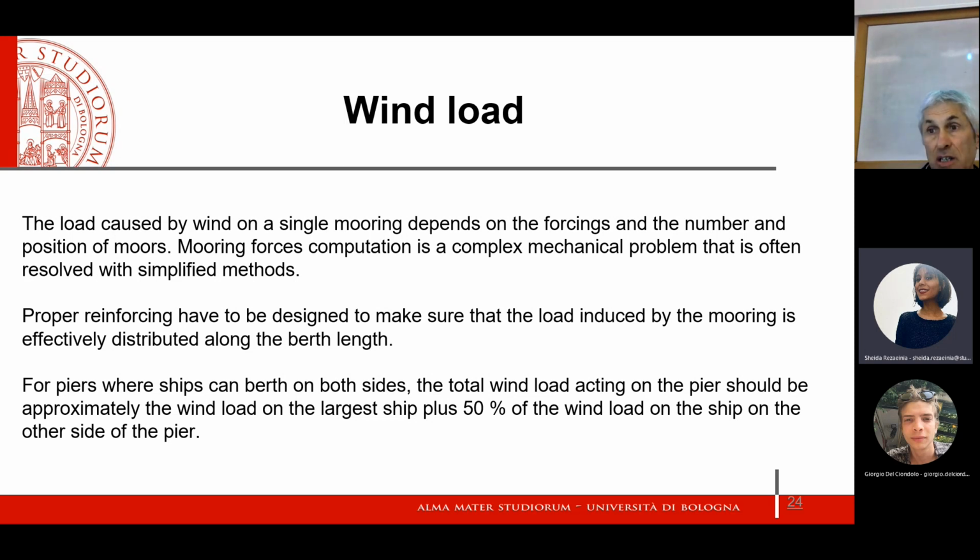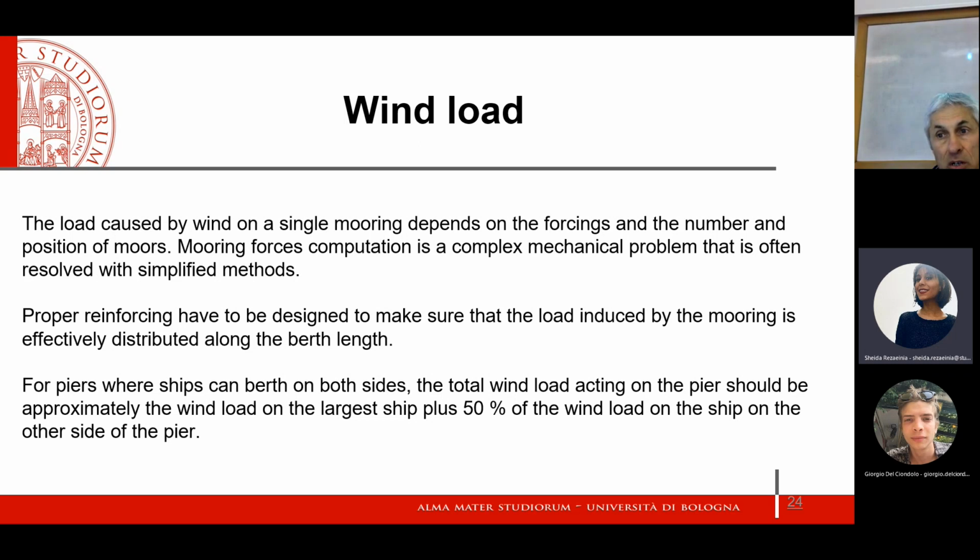In general, as you see here, proper reinforcing has to be designed to make sure that the load is effectively distributed along the berth length. We assume that the load is distributed, but we also have to place proper reinforcing around the mooring points.